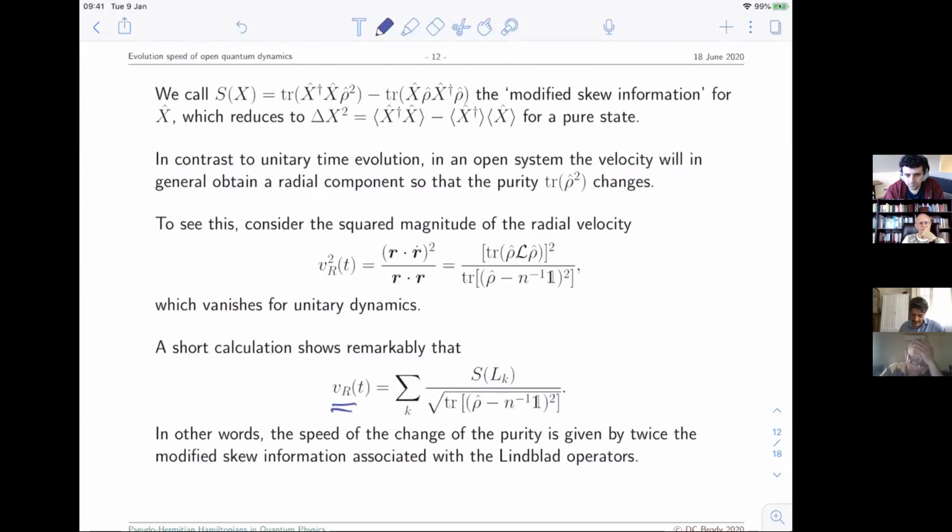It turns out that it's given, apart from the overall weighting factor in the denominator, by the sum of this modified skew information. So this determines the rate of decay into states with more ignorance.